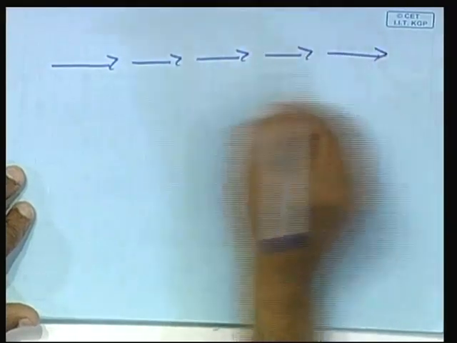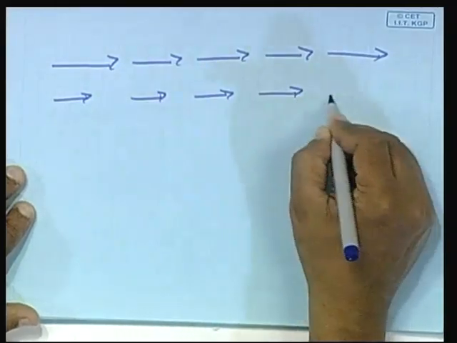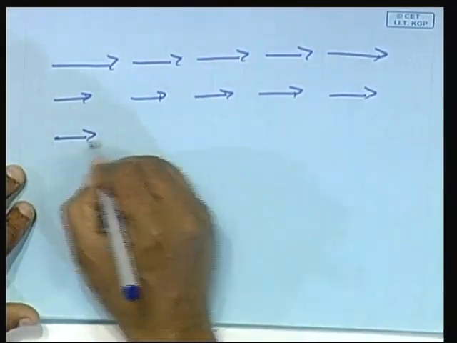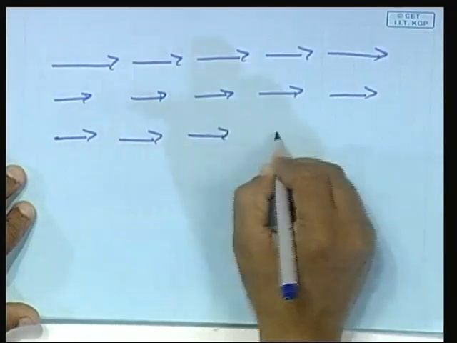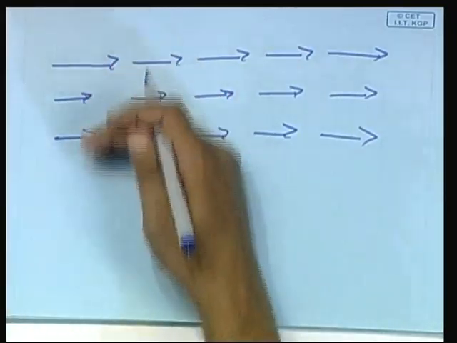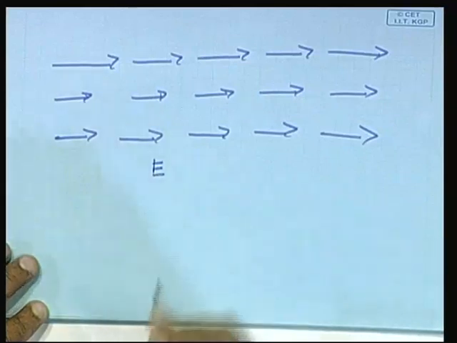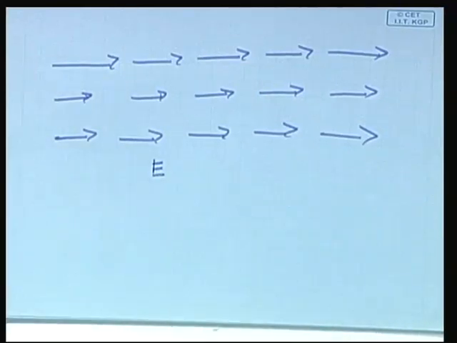Take another situation where we have the whole of space filled with an electric field that looks like this. Same constant, uniform electric field. Let me ask you the question, is this homogeneous or not?